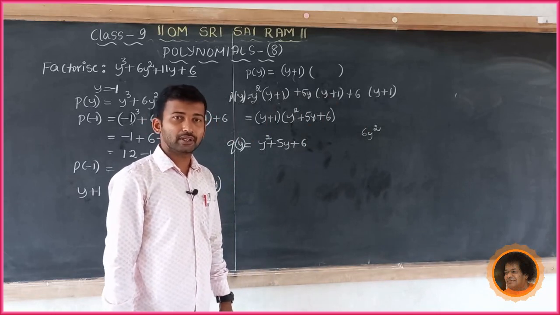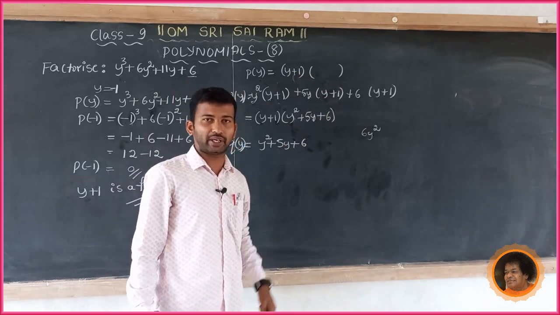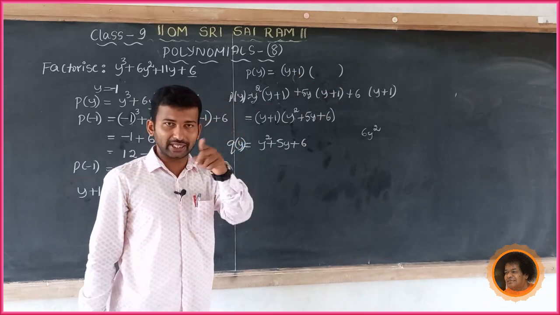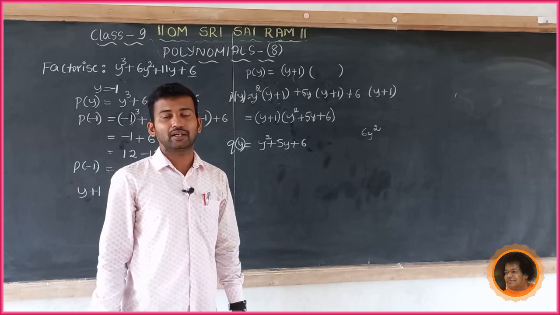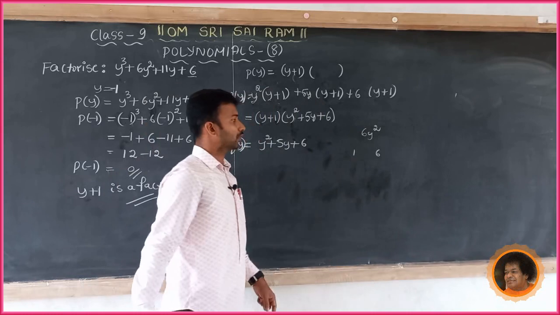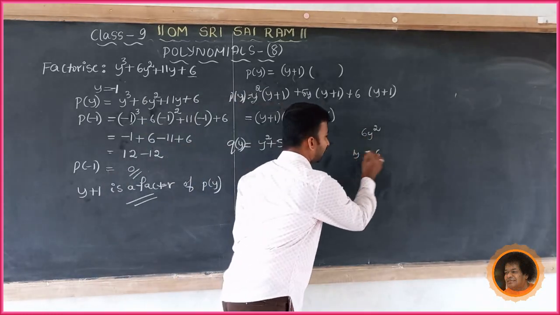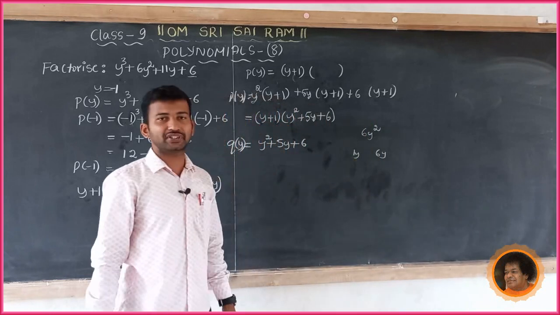Next step, yes, list out the possible factors of this 6y square. We have 1 and 6. 1 and 6 are the factors of 6, or 1y and 6y are the factors of 6y square.